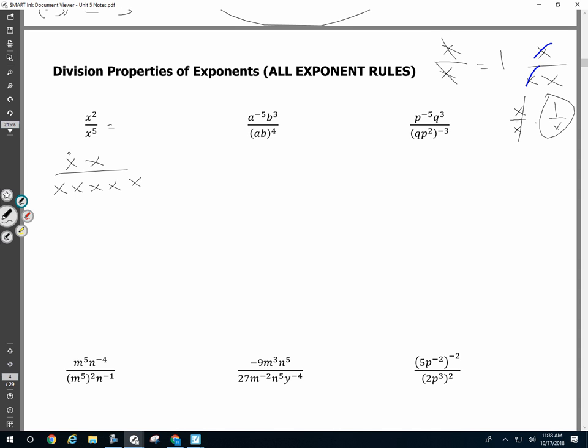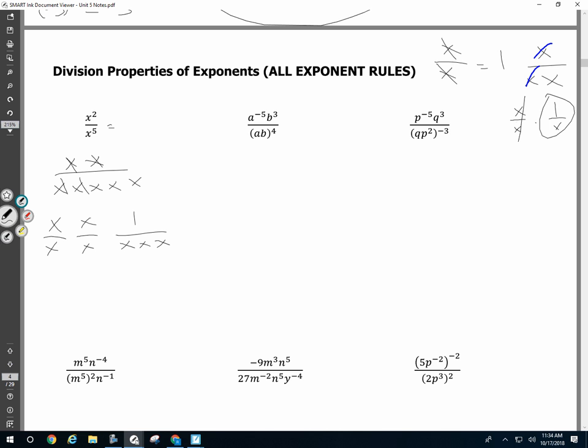Well, I got an x over x. That takes care of this one and this one. I got an x over x. That takes care of that one and that one. And then I have just a 1 and then 3 x's left over. This is 1. This is 1.